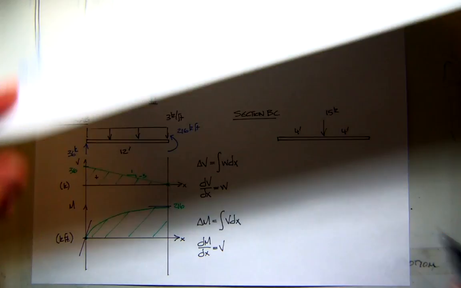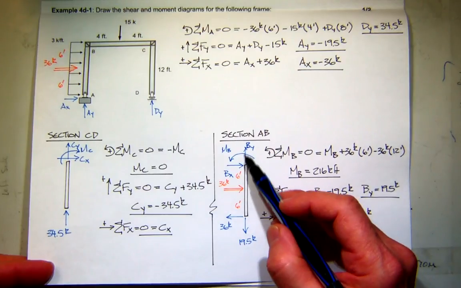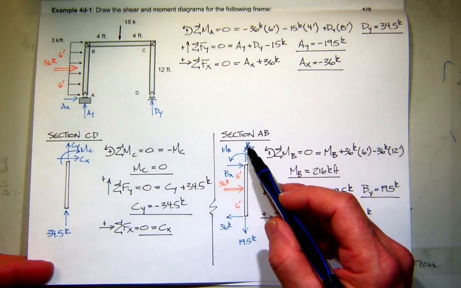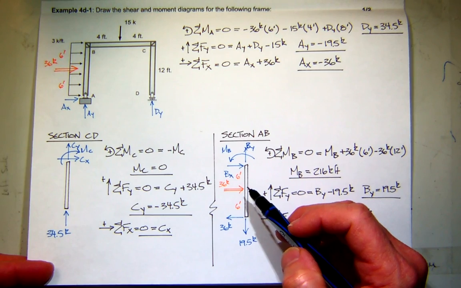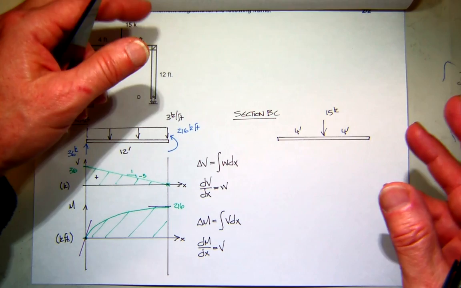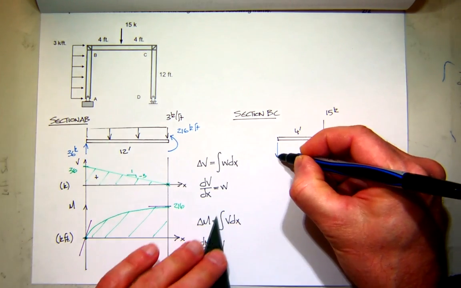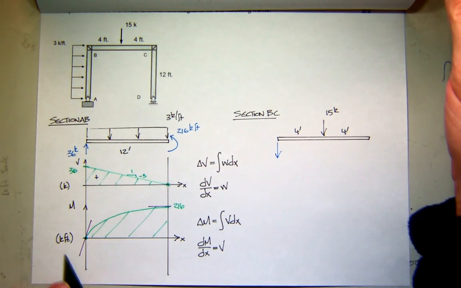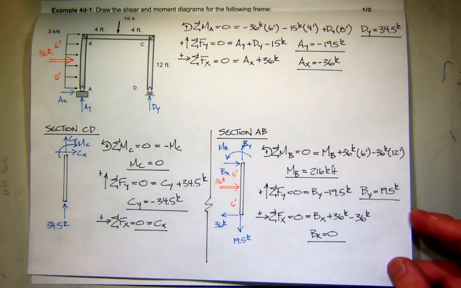If you flip back and look at B, BY was, I assumed it was up on AB, so on BC it's going to be down, but we found BY to be positive, so that means that it's what? It's down, right? And that value was, what was it again? Lost track of it.